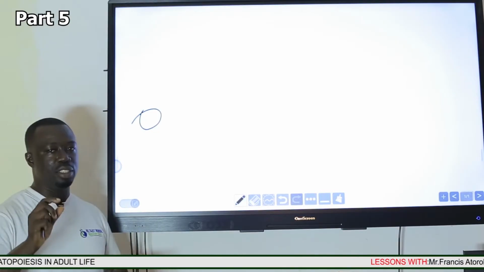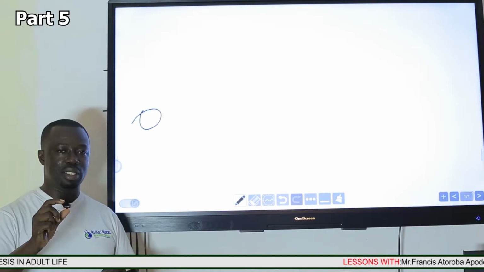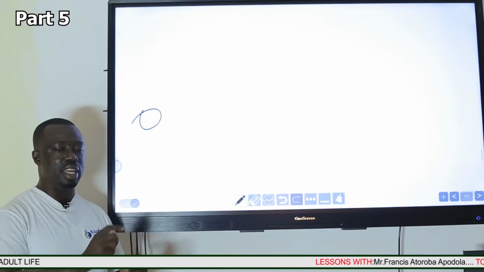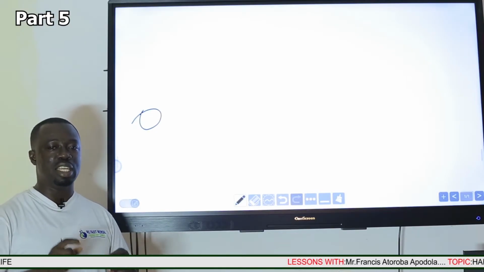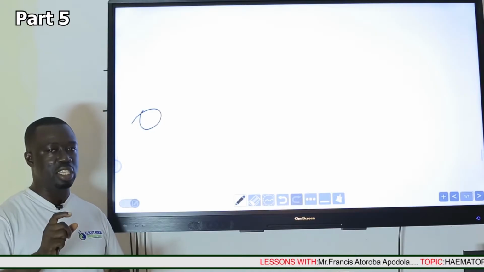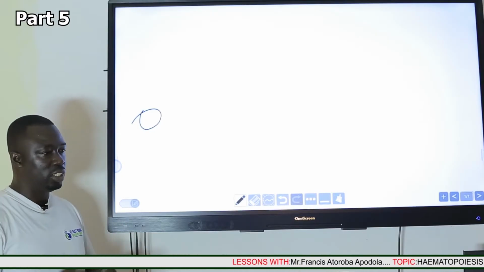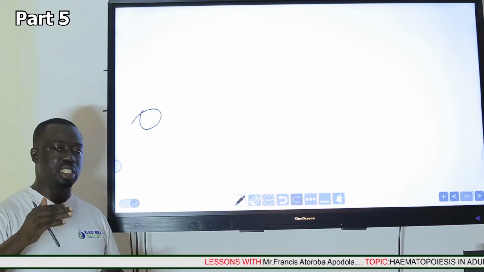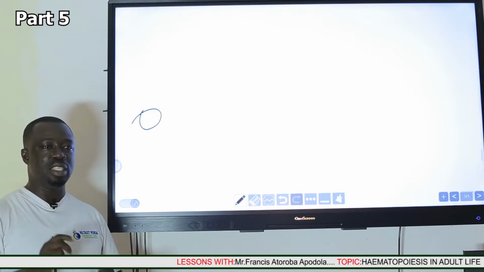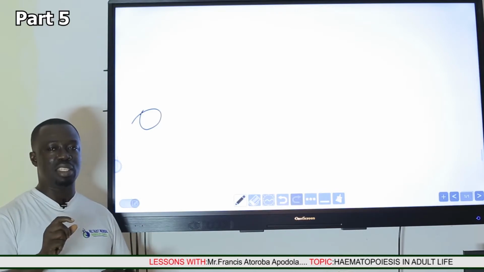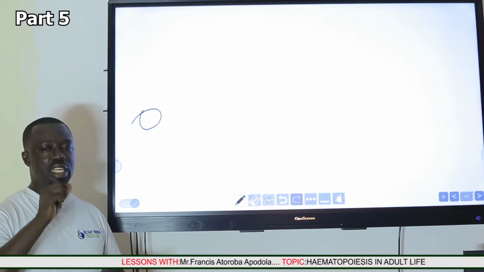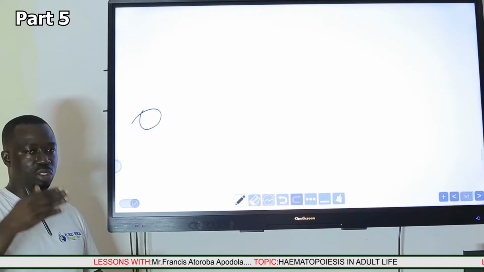It is important to note that haematopoiesis within the liver and the spleen does not happen in the postnatal and adult life. Therefore, in the postnatal and adult life, when there is production of blood cells within the liver and the spleen, that becomes pathological.